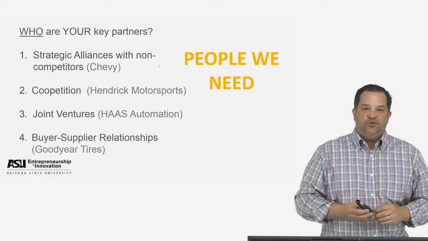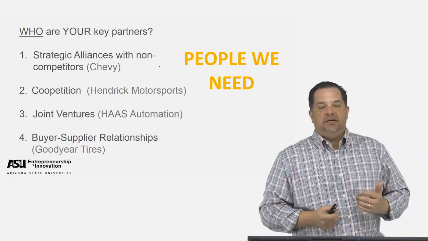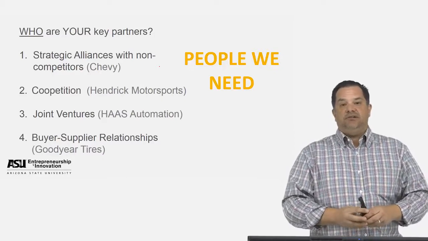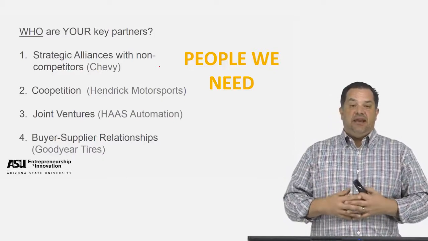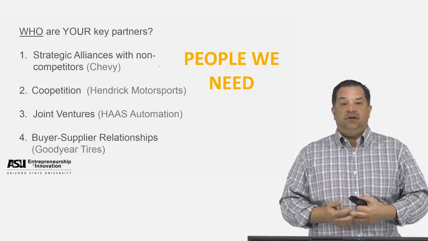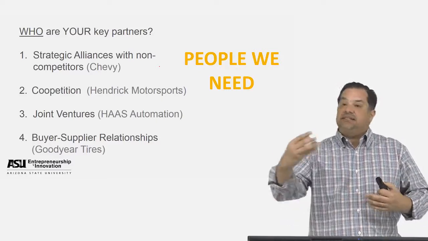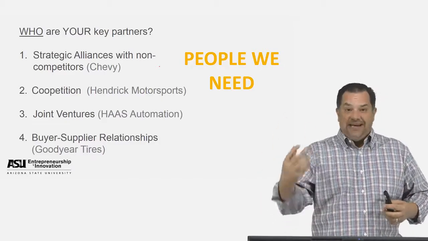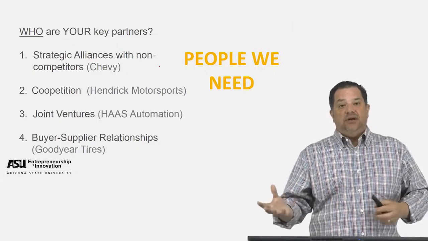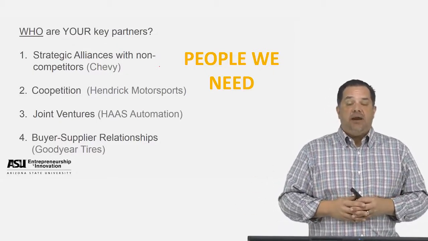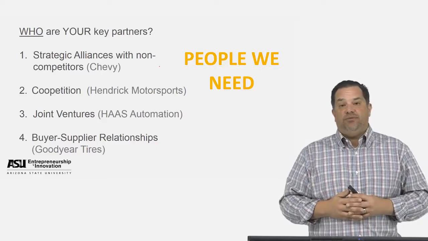Joint ventures. So joint ventures may also be key partners. In this particular example of Stewart-Haas Racing, there is an engine component manufacturer called Haas Automation, a separate company that is also in the automotive industry, but provides us some data and information about how our cars can perform.